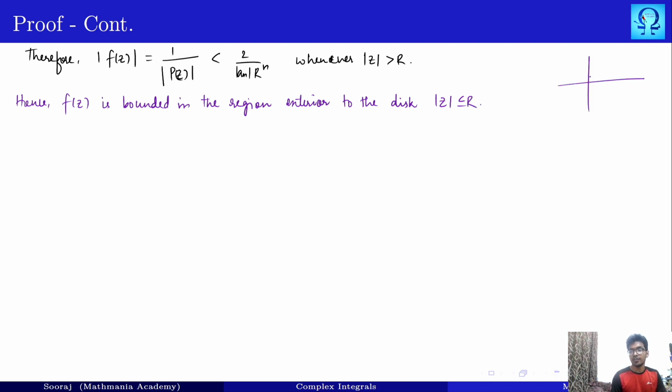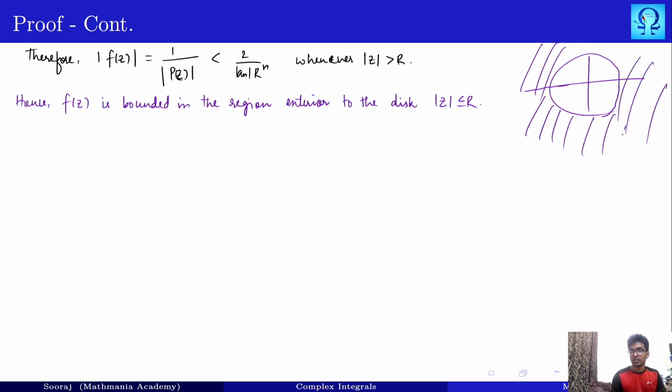So here what we have done is that we have identified a very large disk of radius r, and outside this disk we have proved the function is bounded. Now it is left to talk about the nature of the function inside this disk, for which we observe f is an entire function.